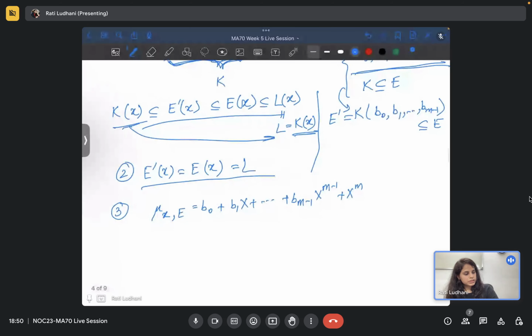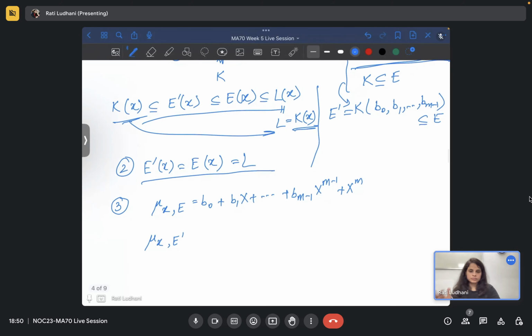So what can you say about the minimal polynomial of x over E dash? It'll be the same polynomial. Exactly, it will be the same polynomial. Why? Maybe one explanation if you can give. Because you can't have a simpler polynomial.